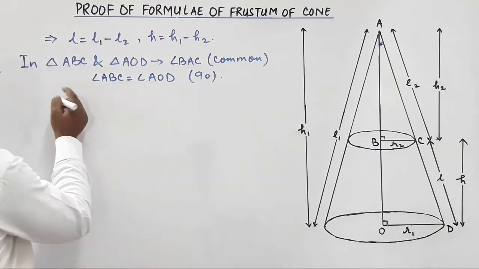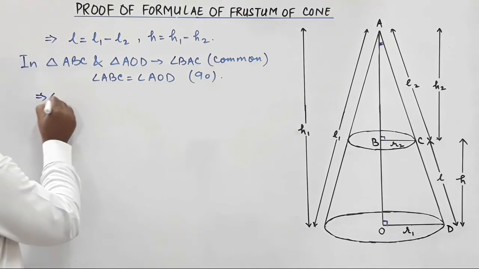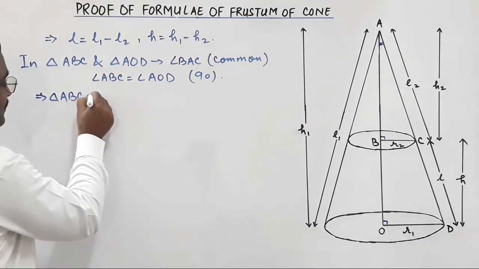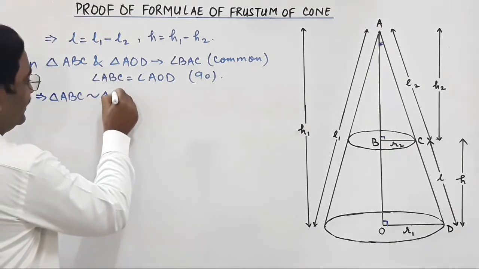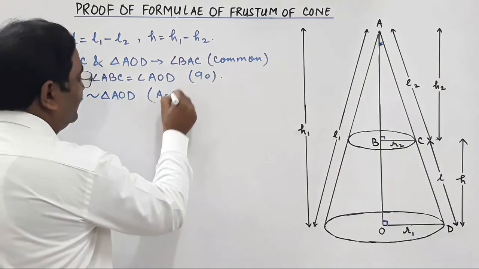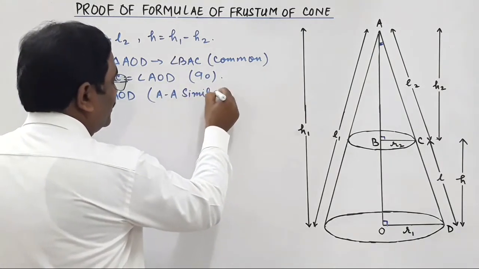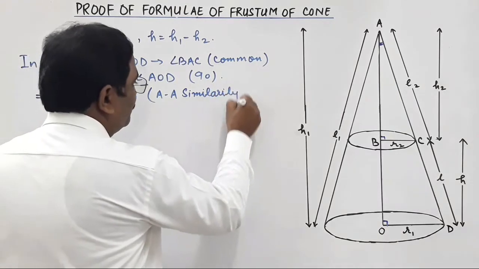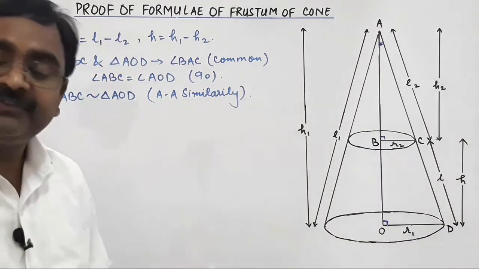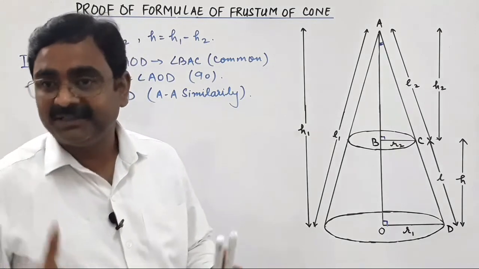Therefore, triangle ABC is similar to triangle AOD by angle similarity. You have read this property in the chapter Triangles.